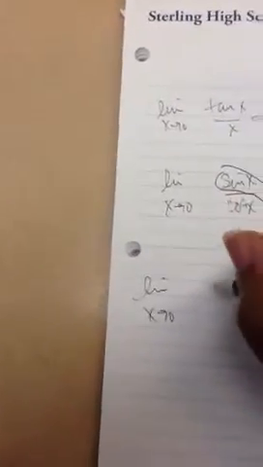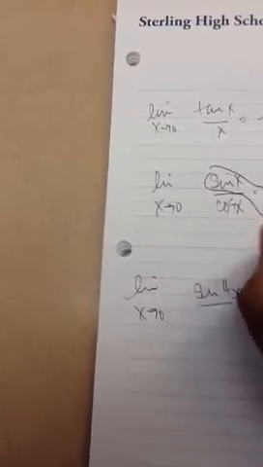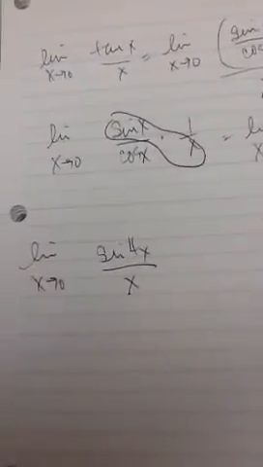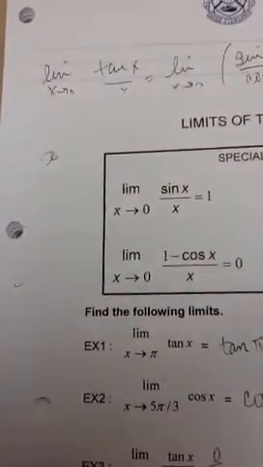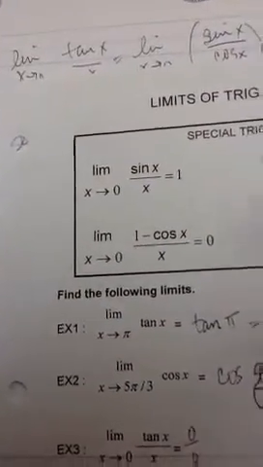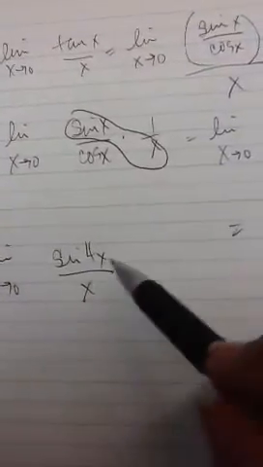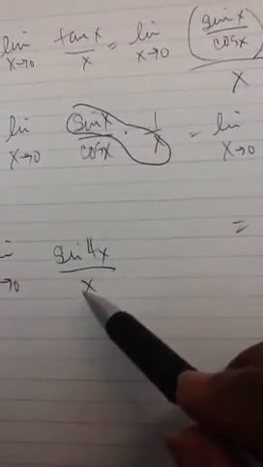So the limit as x approaches 0 of sine of 4x over x, what it almost looked like, the sine of x over x, right? But this is 4x, and that's x.